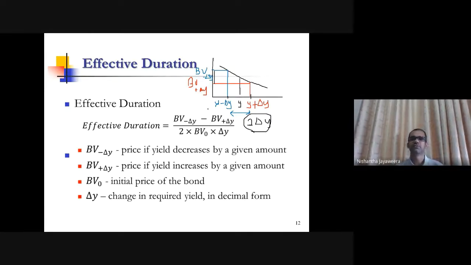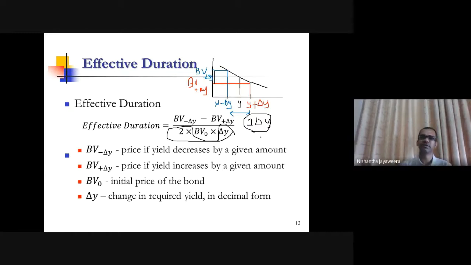We divide the price change by the total yield change, which gives the change in price for one unit of yield change. To make it a percentage of the current price, we divide by BV naught, and multiply by 100.